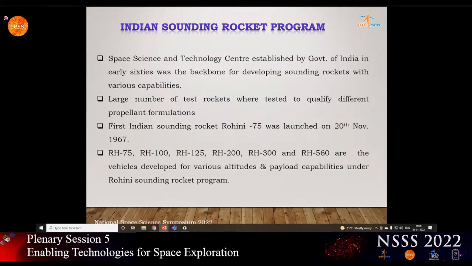As already discussed, we have plenty of missions right from the early 60s, and with different test formulations we developed our sounding rockets. We have a large number of sounding rocket vehicles, characterized by their payload capabilities, and they put their payload into the right altitudes to carry out the predefined scientific experiment.